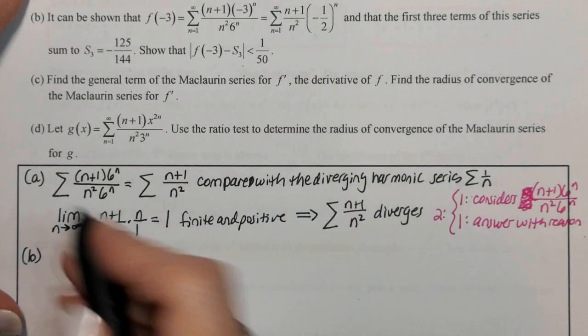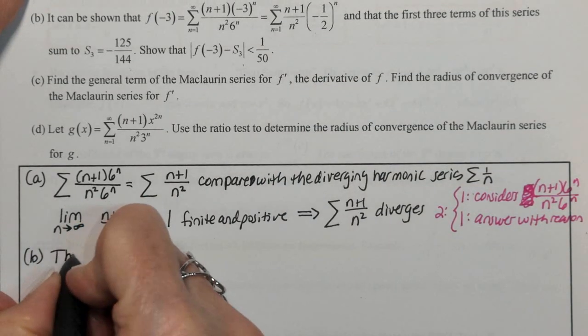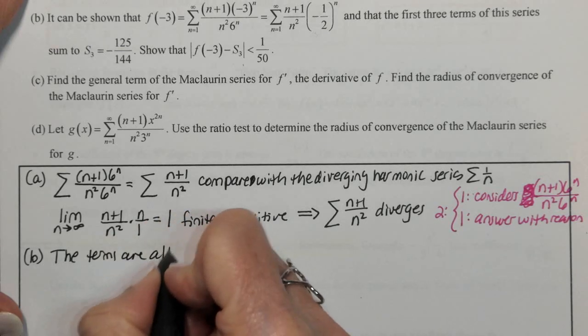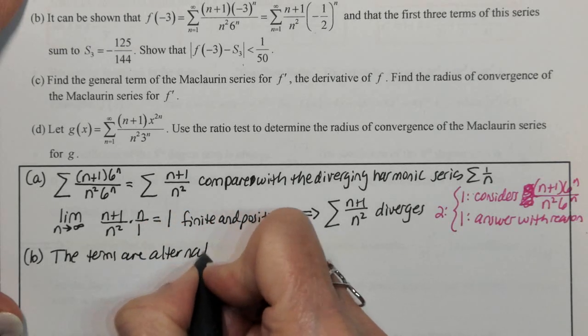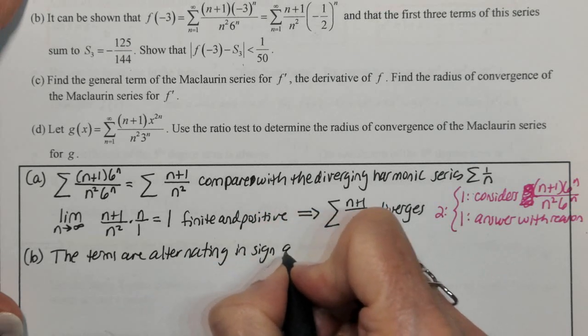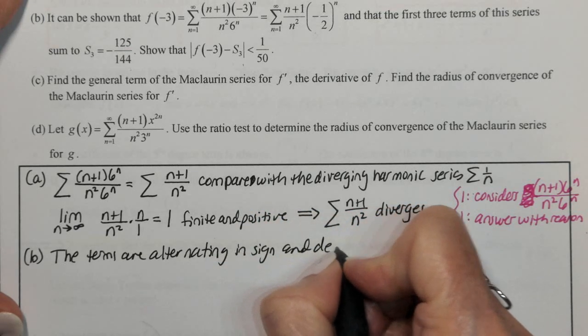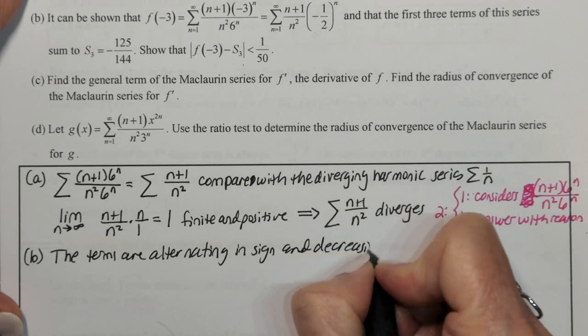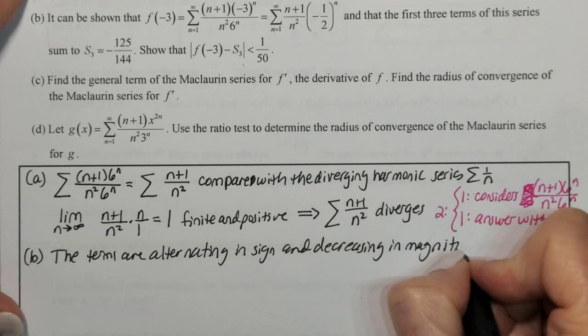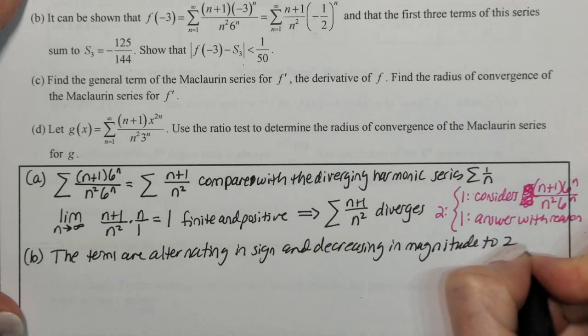So the terms are alternating in sign and decreasing in magnitude to 0.